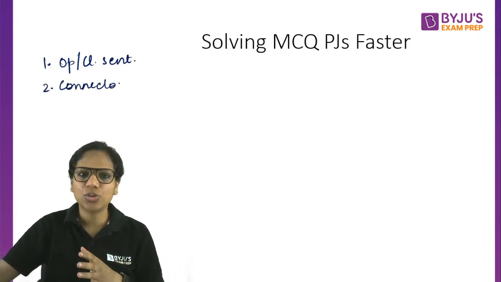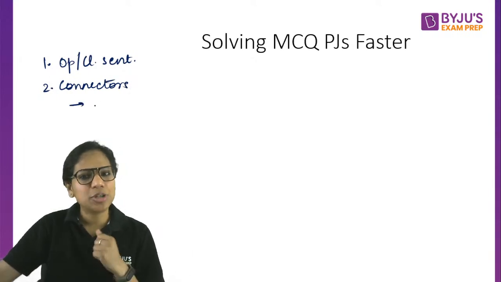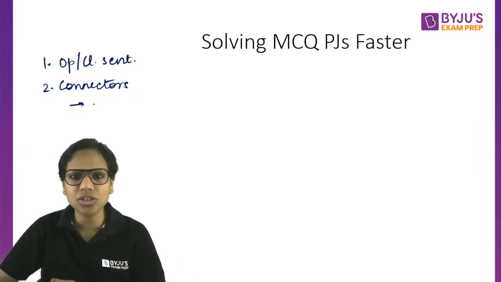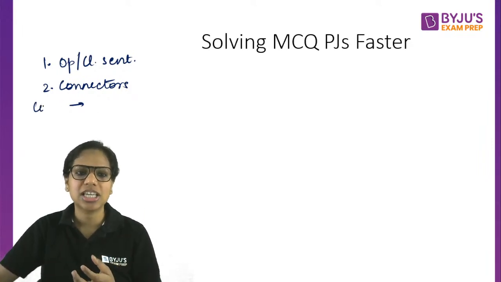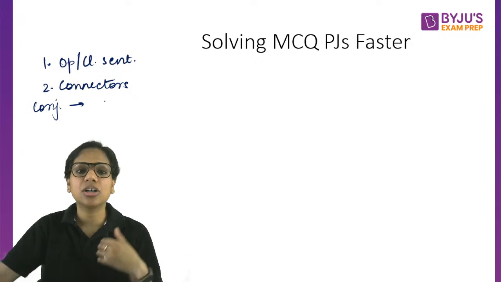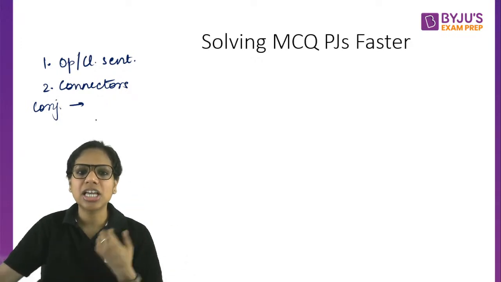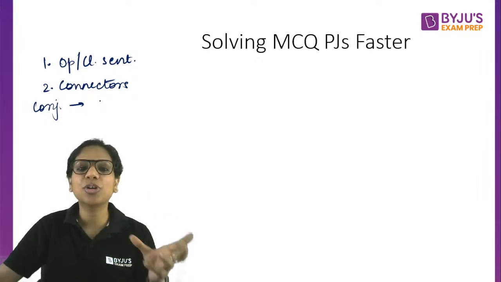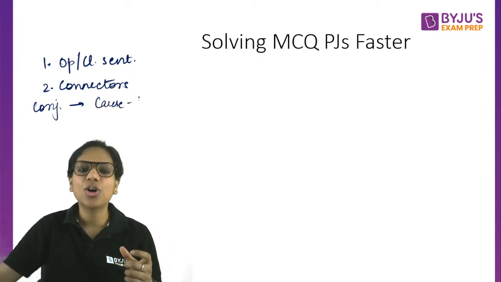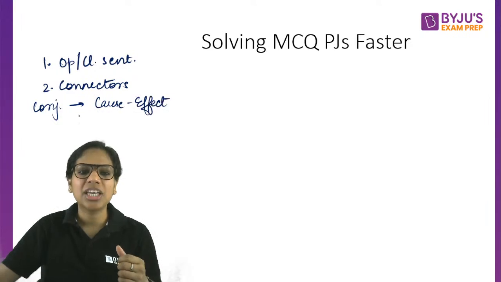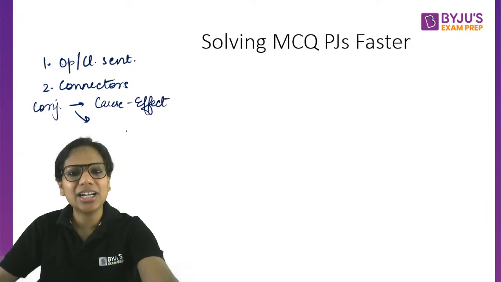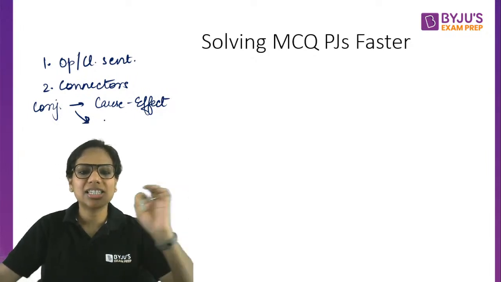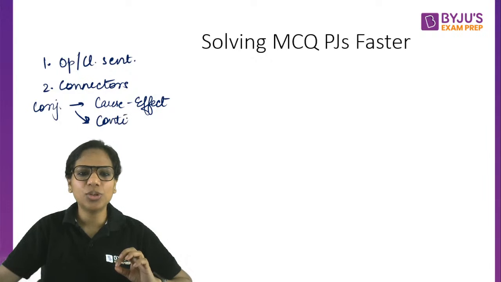These connectors could be grammar based clues, and you are telling me I can take the help of conjunctions. Now what kind of conjunctions? Conjunctions that show a continuation in the thought process, conjunctions that show a cause effect relationship. So, because, hence show a cause effect relationship. Then conjunctions like and, moreover, further show a continuation.